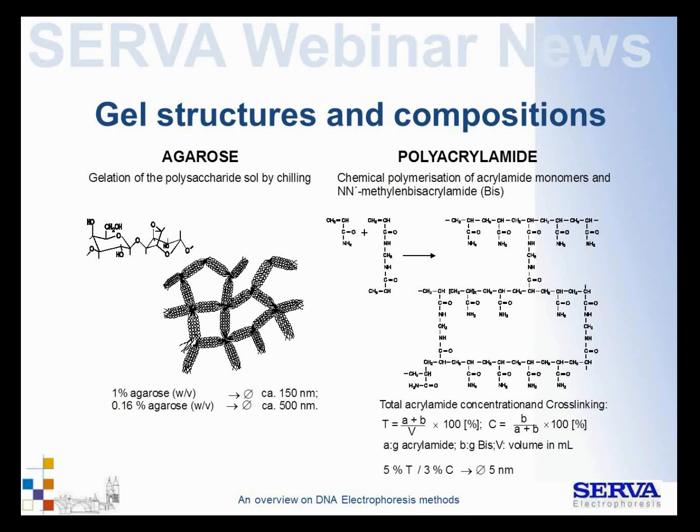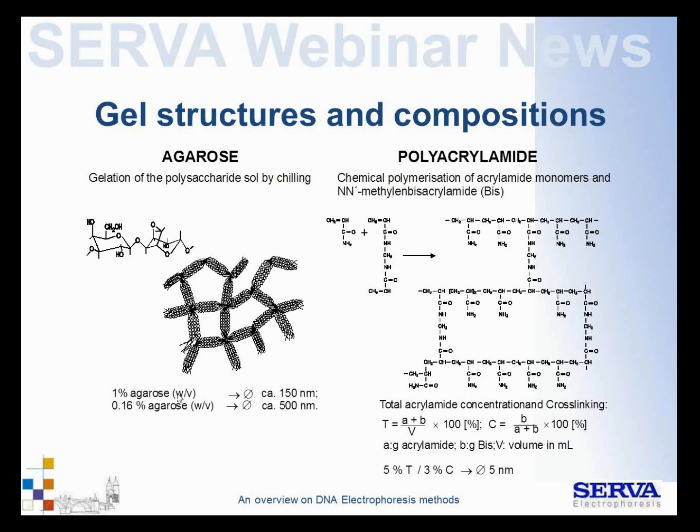You wait a few hours, then you have the final building of the matrix. The matrix is very special in agarose: you have multiple helix walls around the pore built by the agarose sugar molecules. That is the reason for good mechanical strength with very large pore sizes.